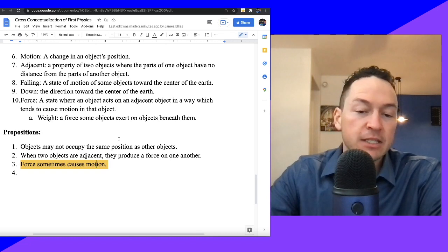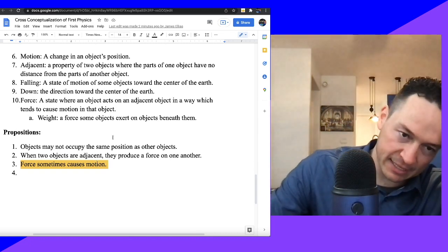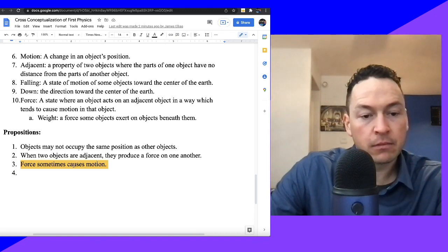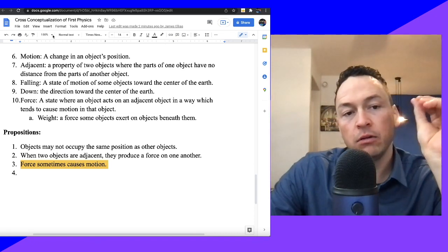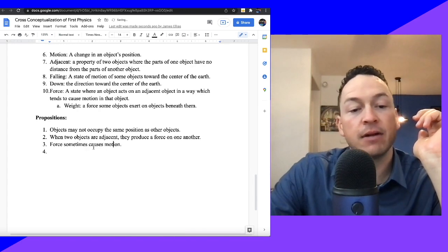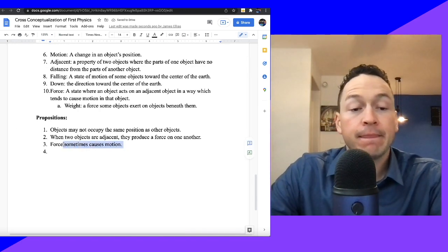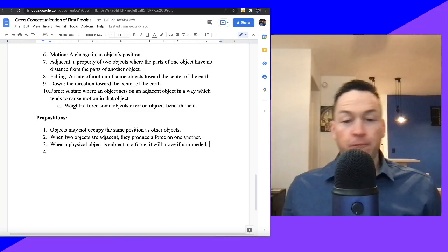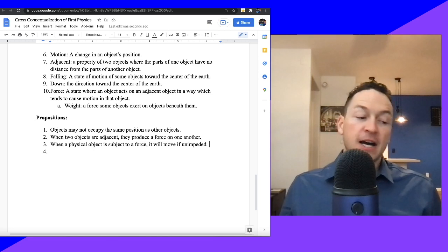Force sometimes causes motion. Well, when does it cause motion? Well, I already have a way Galileo might say this right off the bat. Okay, when a physical object is subject to a force, it will move if unimpeded.